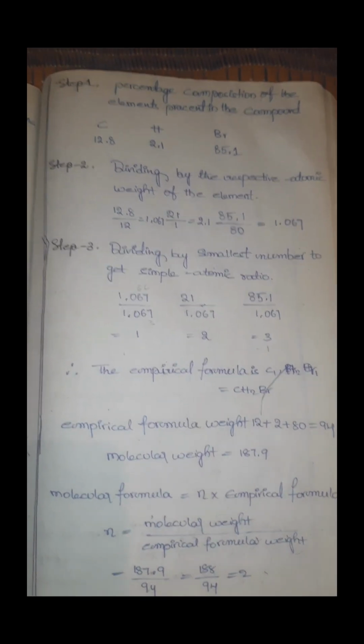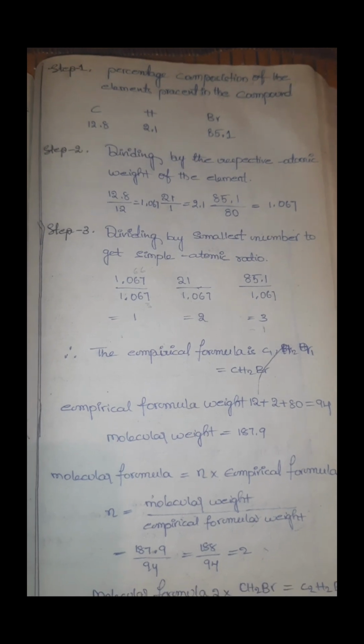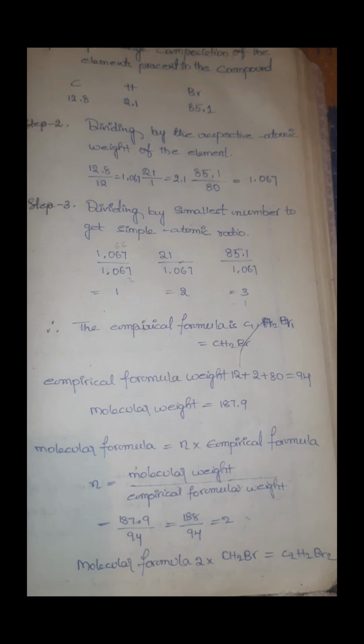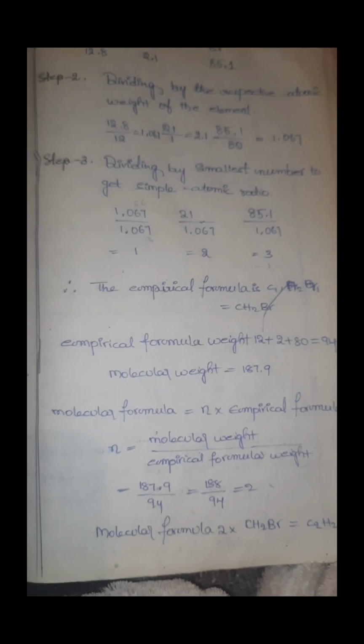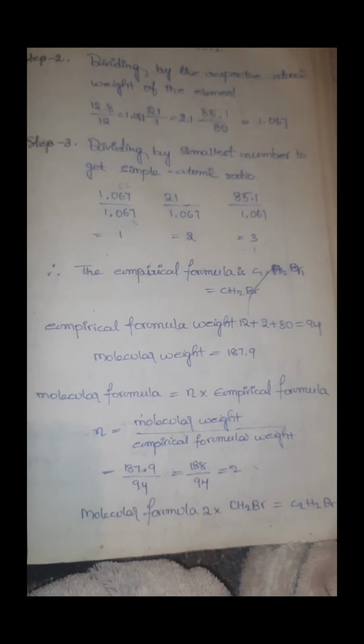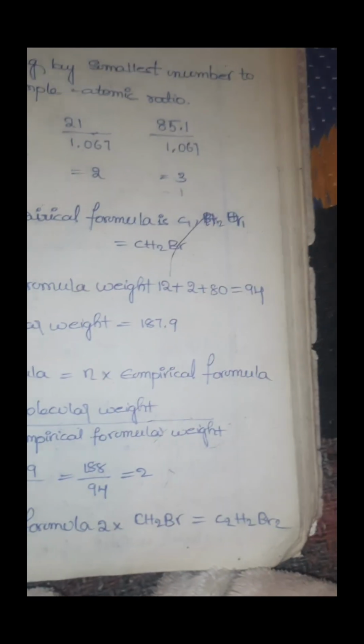Step 1: the empirical formula is given as CH2Br. Find the empirical formula weight, then find the molecular formula, N times the empirical formula. For that purpose, we find the N value from the molecular weight of the compound. Later we will write down the final formula like this.